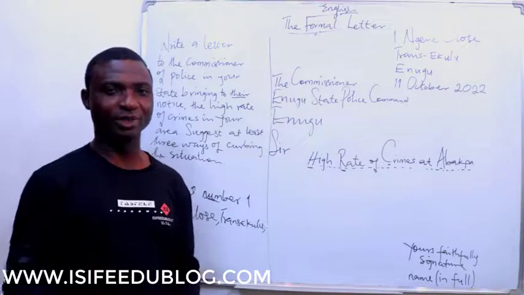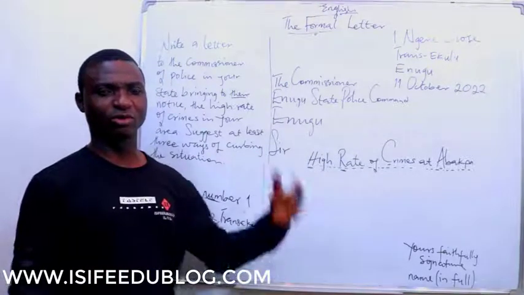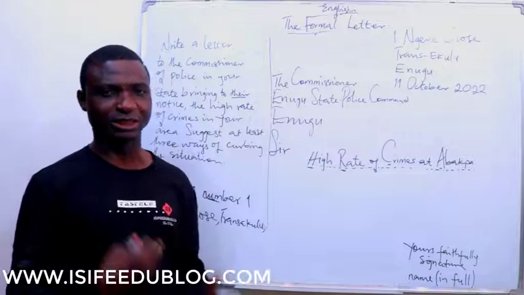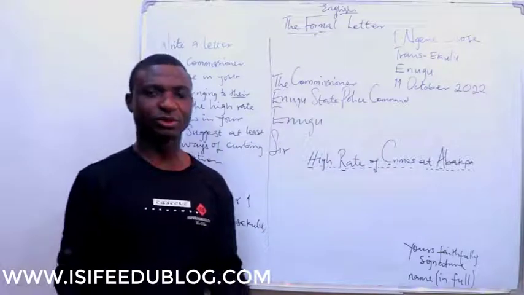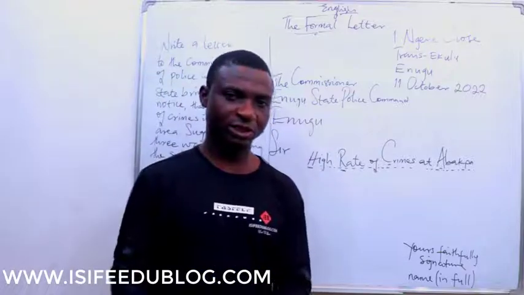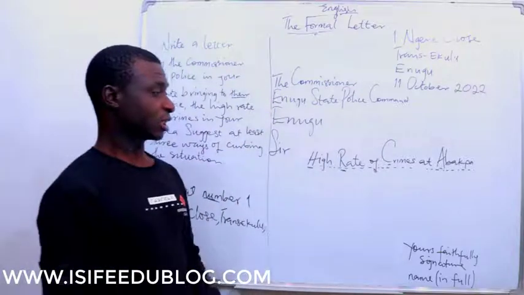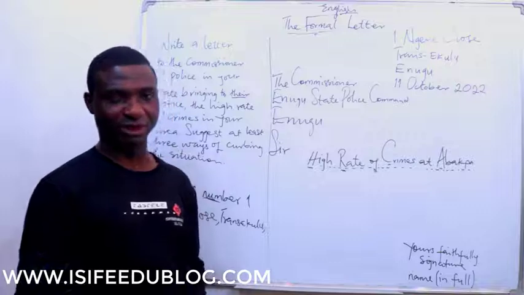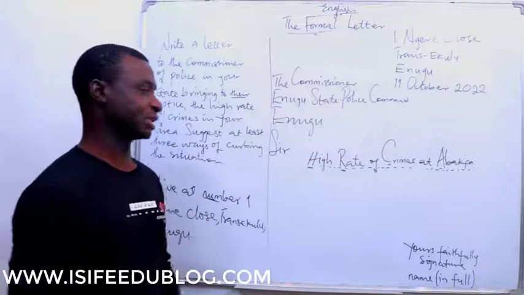How is your family? How was the party you attended the other day? No, such things do not form part of the formal letter. We keep it business. We make it business and we keep it business.